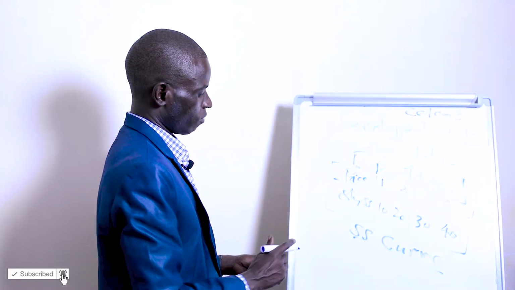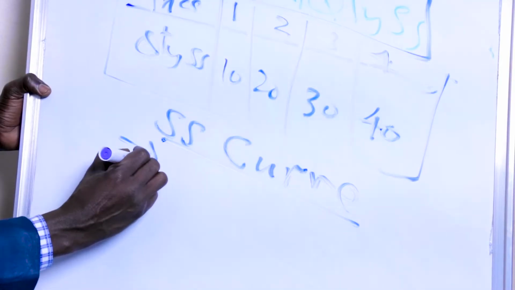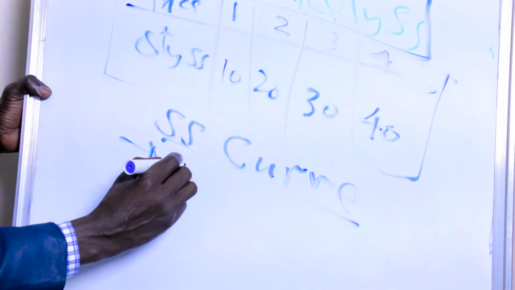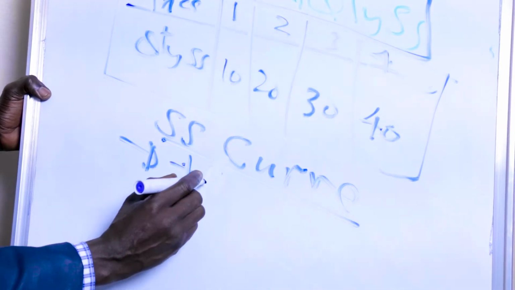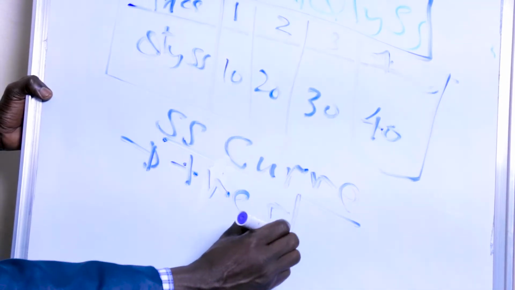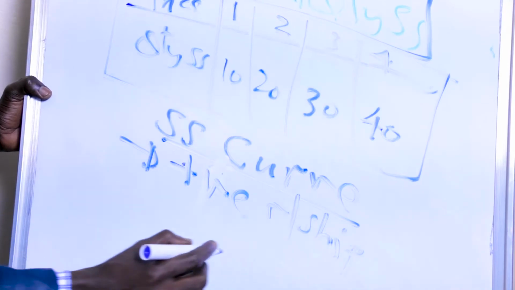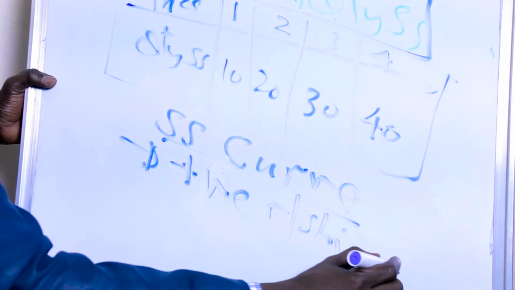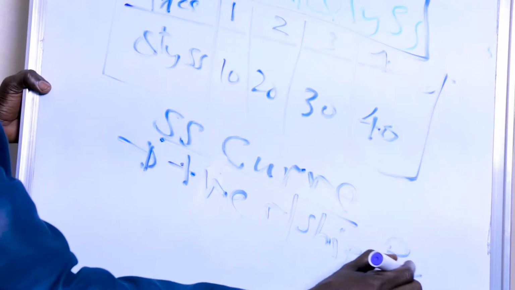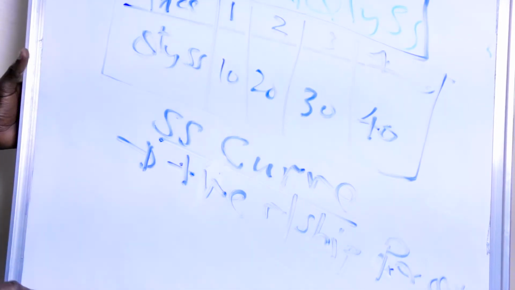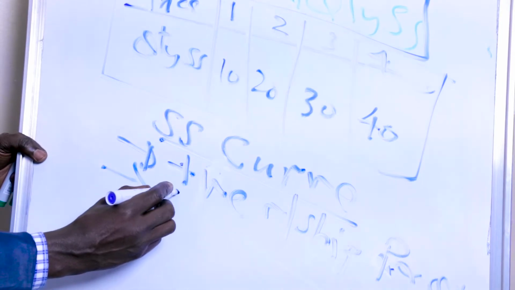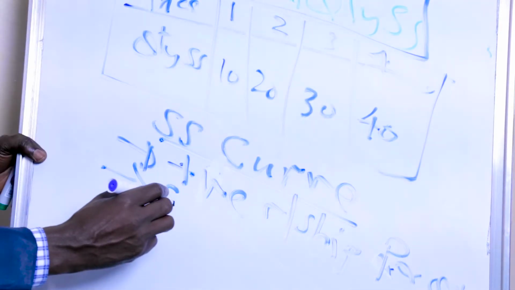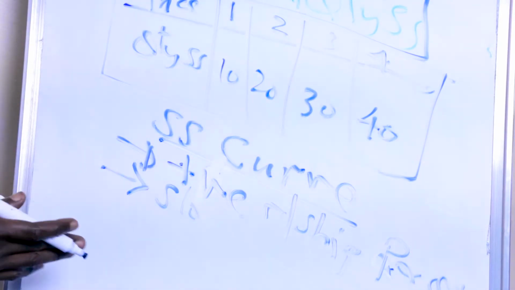But before I do that, I have to remind you that the supply curve has a positive relation between the price and the quantity supplied. But also the supply curve tends to slope upward.